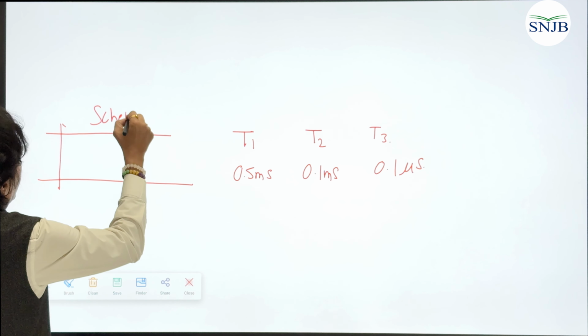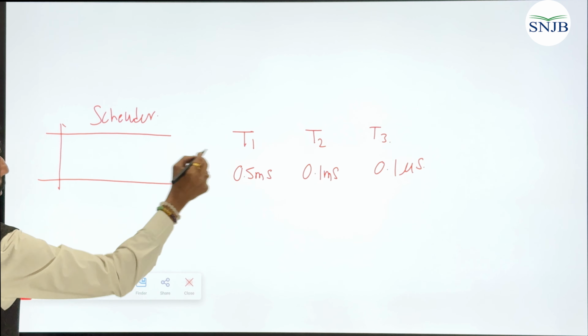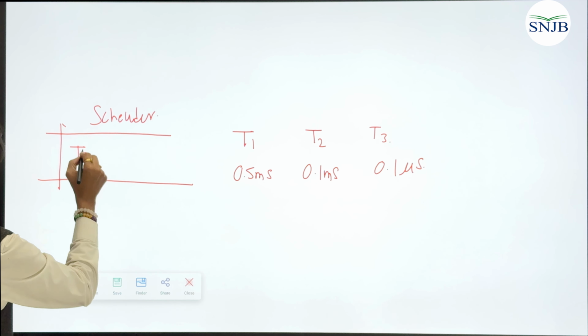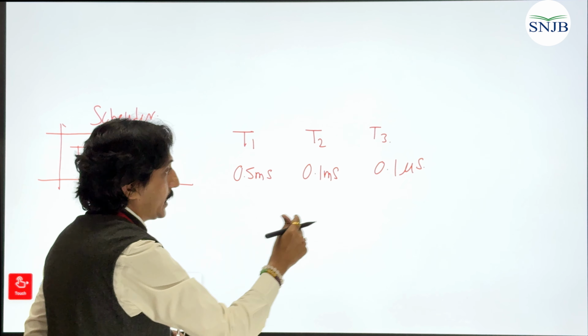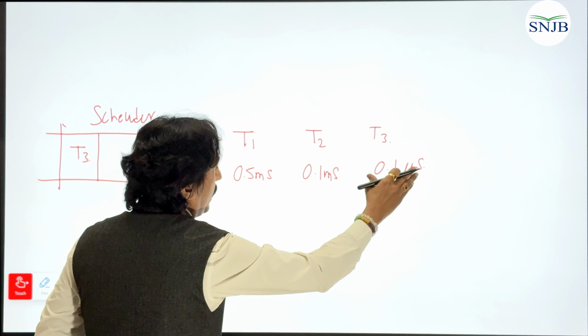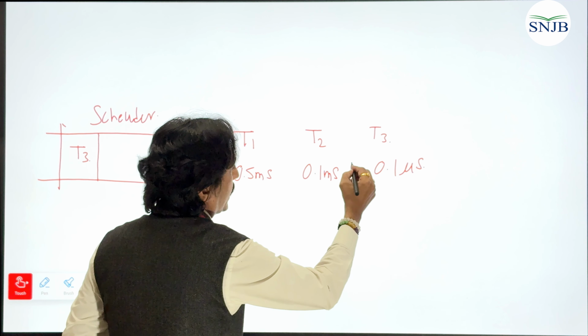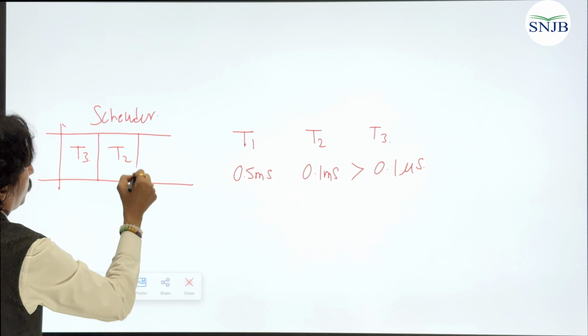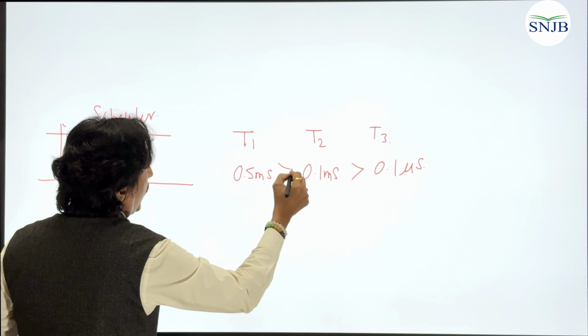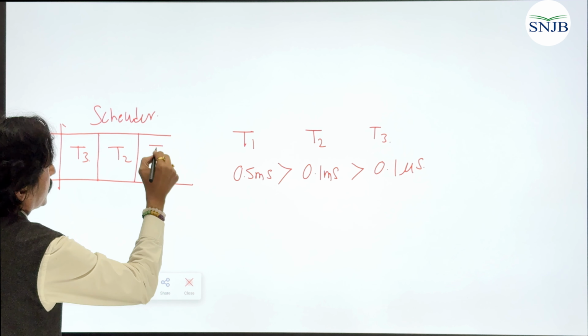The scheduler loads task 3 because it is the shortest task, taking very short time. Then 0.1 millisecond is bigger than this one, so it loads task 2 and completes its operation. And then it loads the 0.5 millisecond task 1.